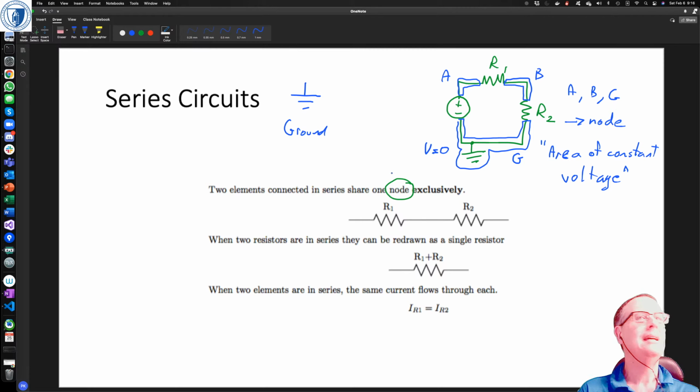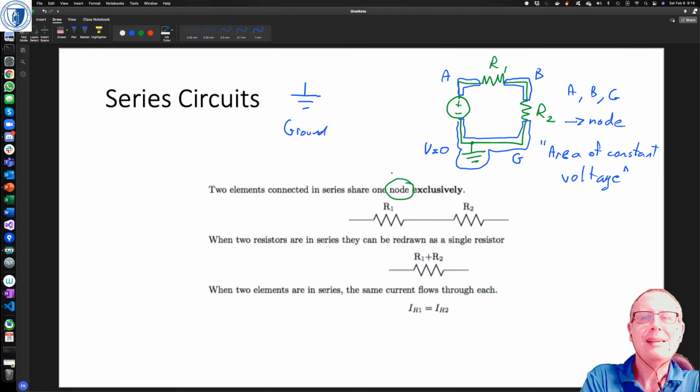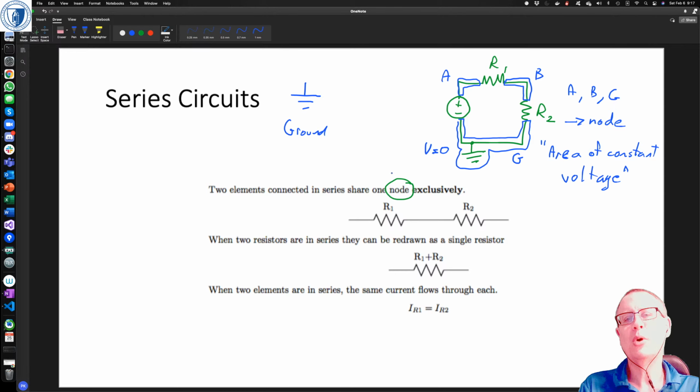Now, you may have heard of the term ground, and you may know that if you have a 3-pin outlet in the wall of your house, the bottom middle pin is the ground pin.